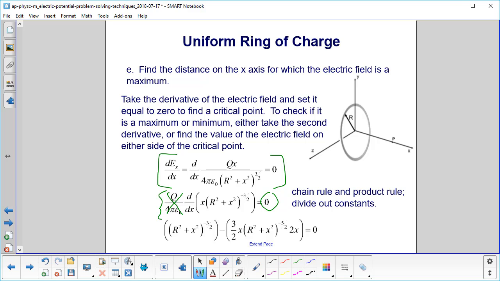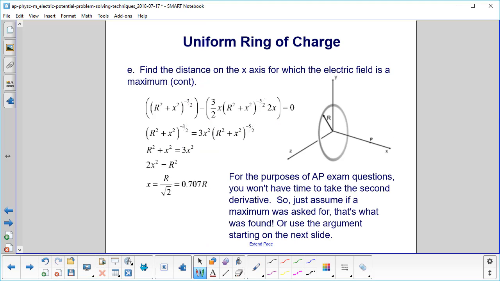So what are we doing first? We take the derivative of x and hold the rest of the expression constant. And then we keep x constant and take the derivative of this expression. So that's going to be negative 3/2 times r squared plus x squared to the minus 5/2. Then you need to take the derivative of what's inside the parentheses, and that's where this 2x comes from.